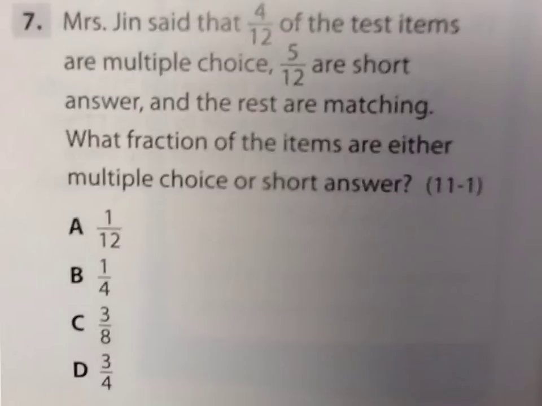Now, you add them together. 4/12 plus 5/12. Since the common denominator is already there, 12, you just add the numerators. And that gives you 9/12.